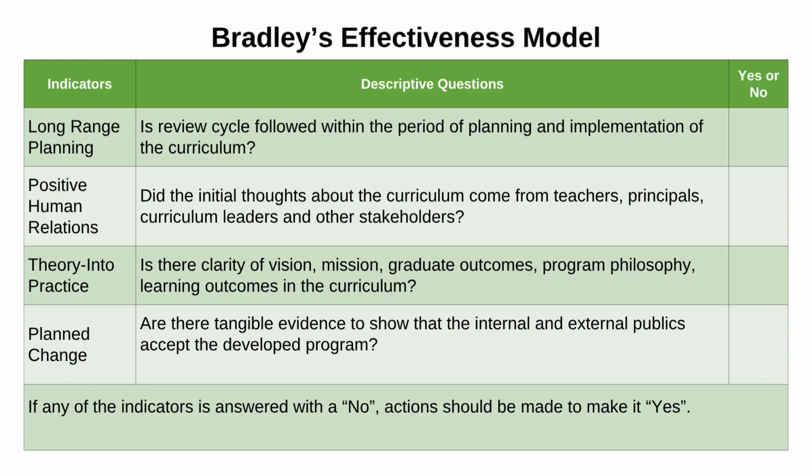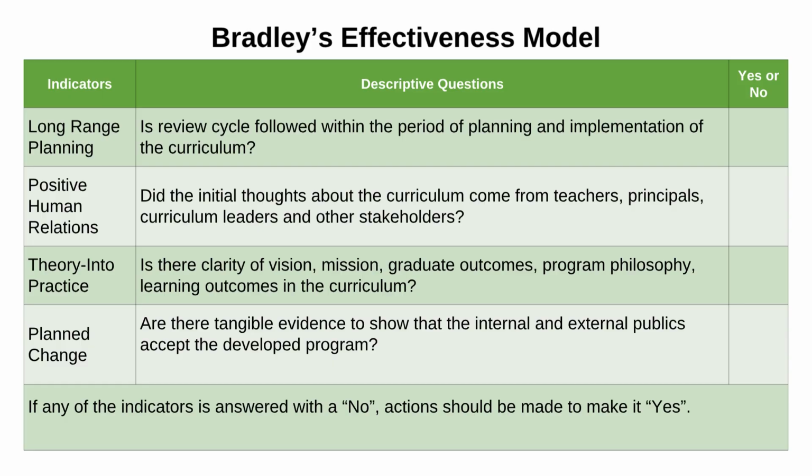Conduct interviews or surveys with the original curriculum development team, teachers, administrators, etc., to determine how inclusive the process was. Review meeting agendas and minutes to see if different stakeholders were consulted. Look for evidence of ongoing dialogue and feedback mechanisms throughout the curriculum's development and revision.